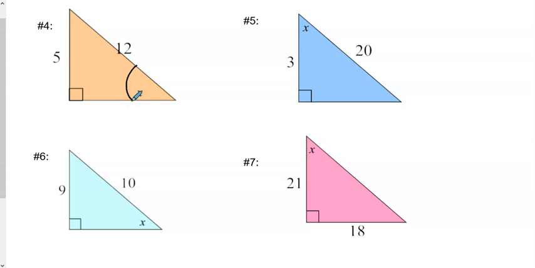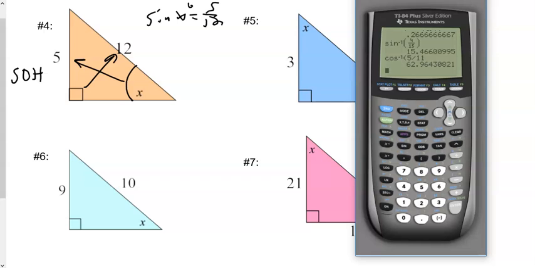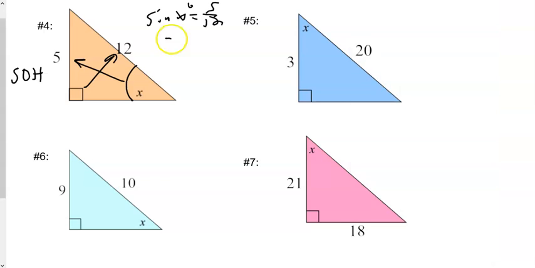We're going to do some more here. There's my angle. We have opposite, and we have hypotenuse. So that's going to be sine of the unknown equals opposite over hypotenuse. And it's just, again, straight calculator work. Second sine 5 divided by 12. 24.6, so 25 degrees. All right, here's our angle.